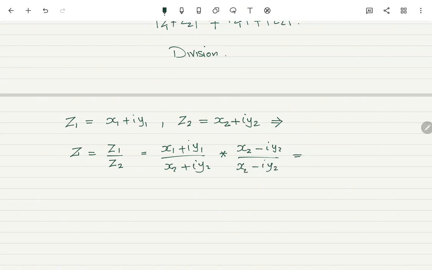In this case, since this is multiplication, you multiply the numerator by the numerator and the denominator by the denominator.